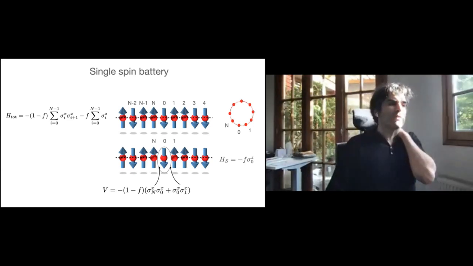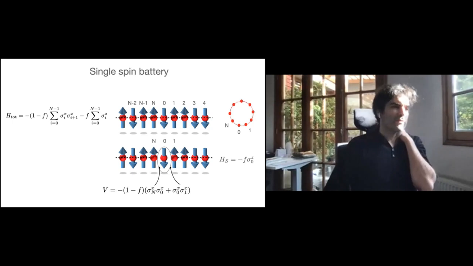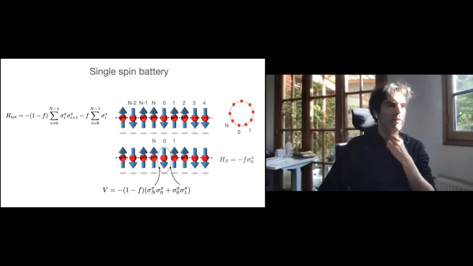But I will focus now on the situation where the state of the chain is one of the ground states. So the global state is a pure state, and it is one ground state of the infinite Ising chain. So this is the case where we can do some analytical computations.